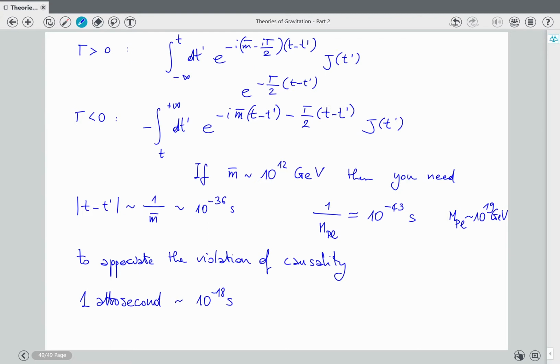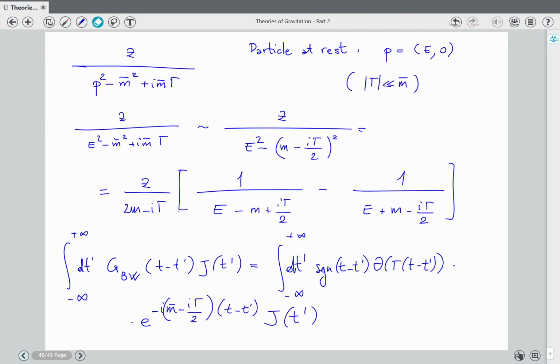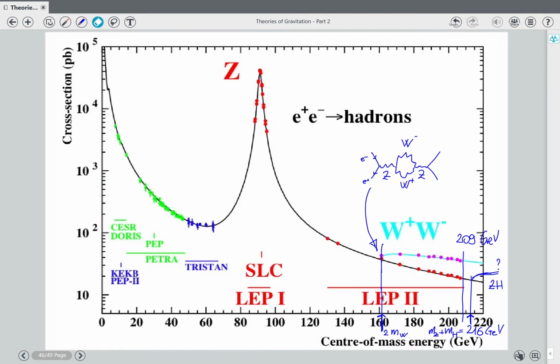And then if you want indirect measurements of short amounts of time, you could go to this graph here, because this is precisely the squared modulus of a Breit-Wigner.